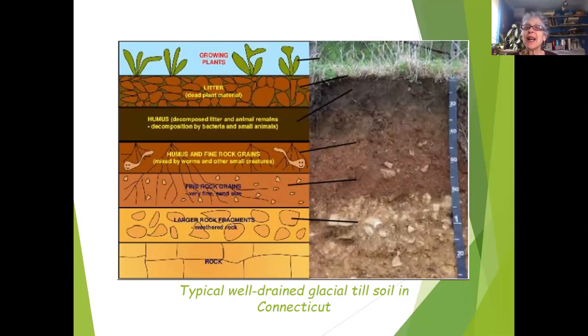And so the soil forming factors which are working at the soil surface are degrading and decomposing that organic matter, but it takes a long time for the organic matter to be carried down into the deeper parts of the soil profile. And so as you can see, the deeper we get in the soil profile, the lighter colored the material is, and this is because of the reduced amount of organic matter the deeper we go.